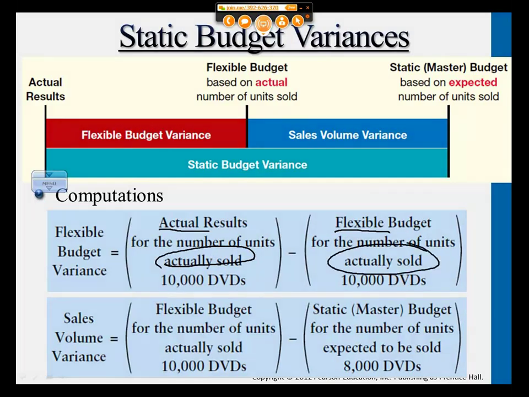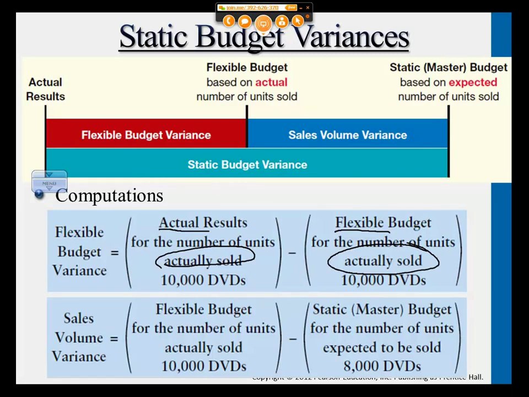If I'm using the flexible budget, I might be going to that relevant range and finding that relevant amount. So 10,000, if I were using that relevant range, it's probably there. You remember on the last slide we had the 10,000 column.